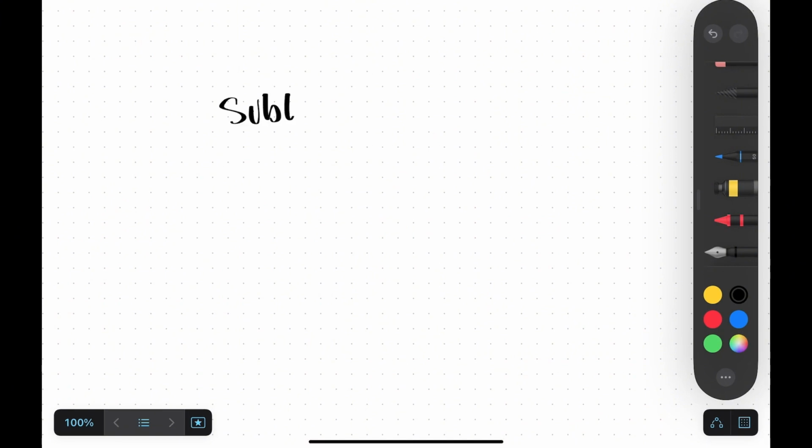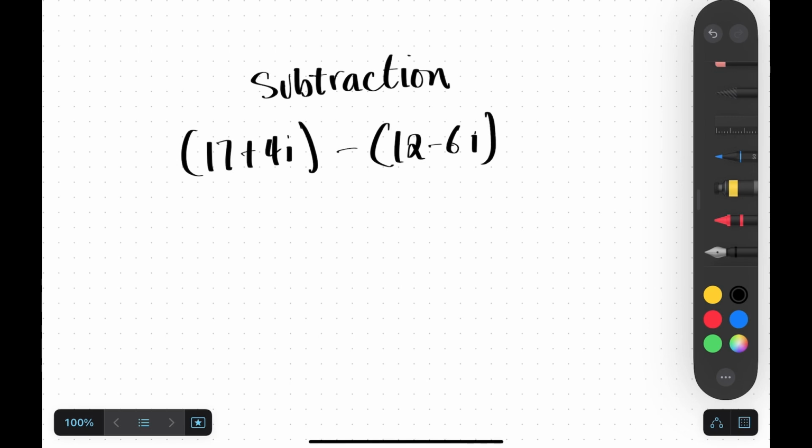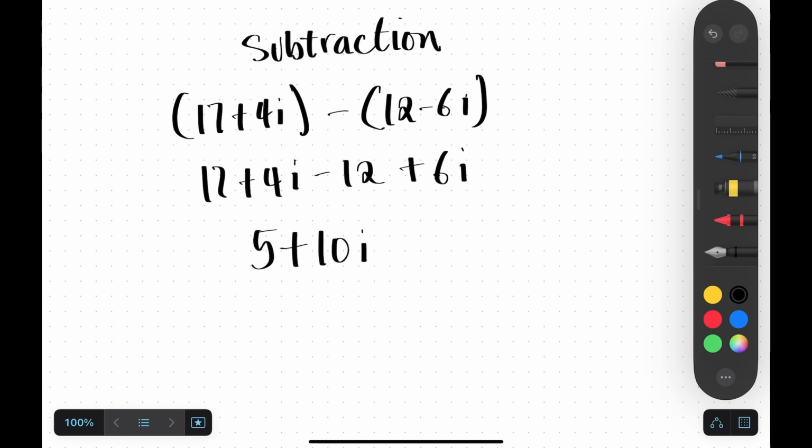Similarly, subtraction functions as expected. 17 plus 4i minus 12 minus 6i. We expand and account for the negative, giving us 17 plus 4i minus 12 plus 6i, and 5 plus 10i.